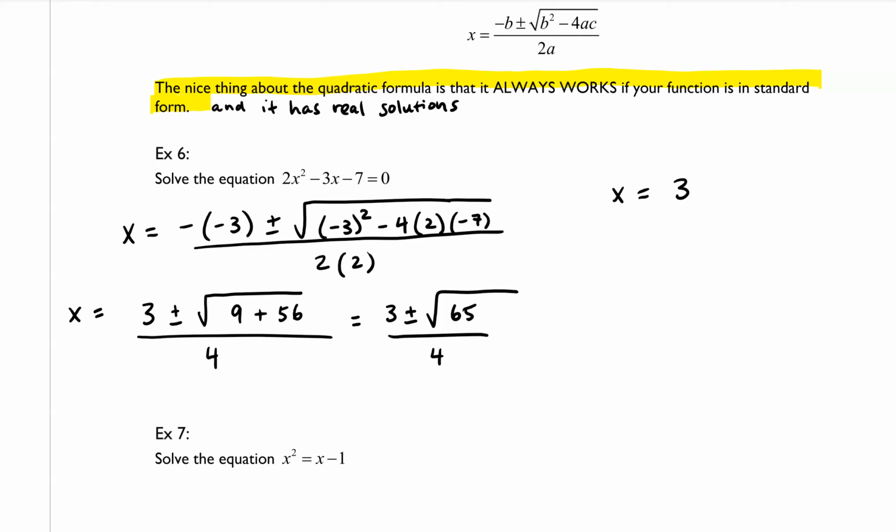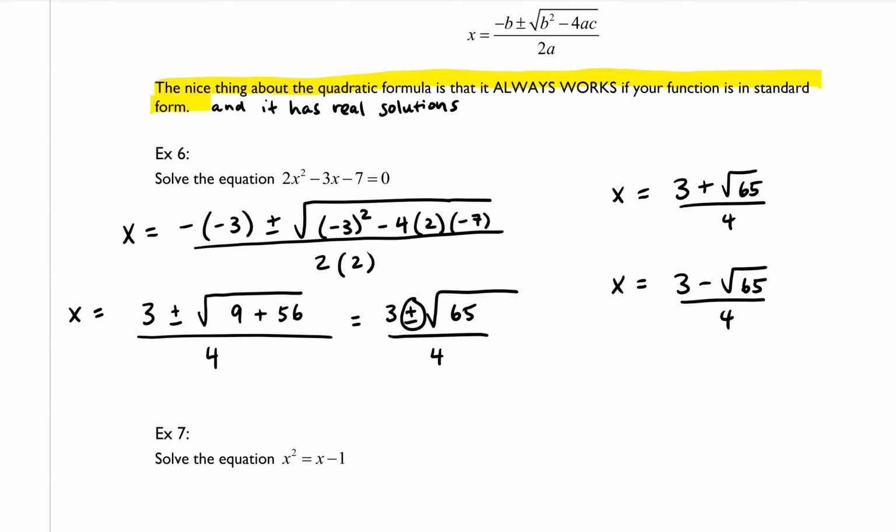So x equals 3 plus the square root of 65 divided by 4, and x equals 3 minus the square root of 65 over 4. In the future, I'm just going to write it as one fraction using the plus or minus notation, but please do note that it's actually two different answers.